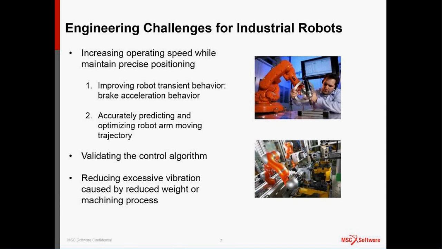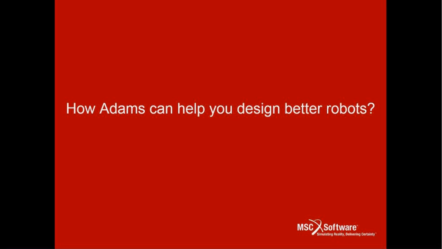And also, when you try to lightweight your product, a lot of times you will end up having a more flexible part than the original design, which can also cause excessive vibration. So those are the engineering challenges that can be generated when you are trying to optimize your industrial robots. And today we're going to talk about how you can leverage Atoms to help you address those engineering problems.